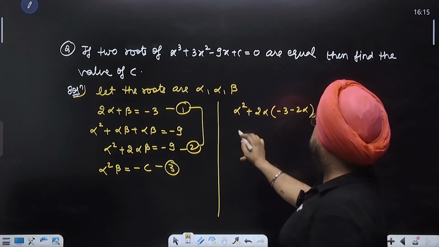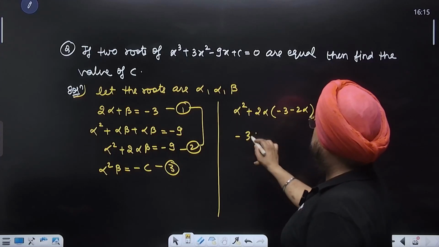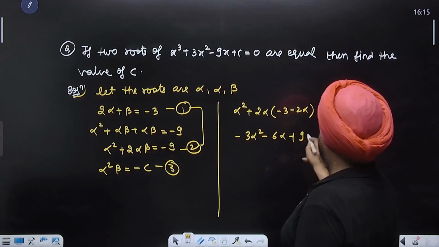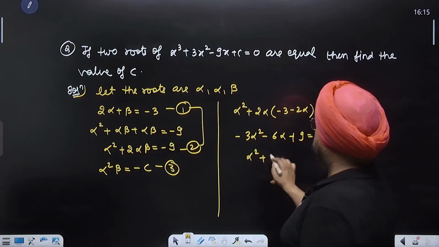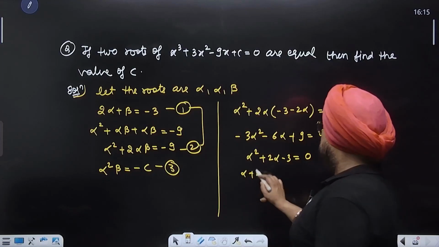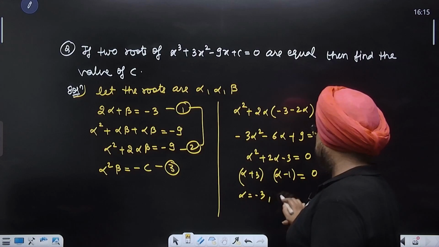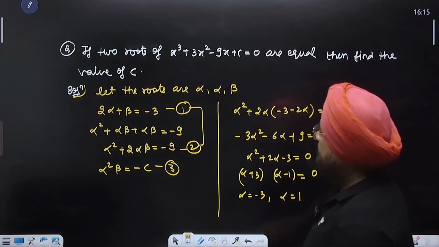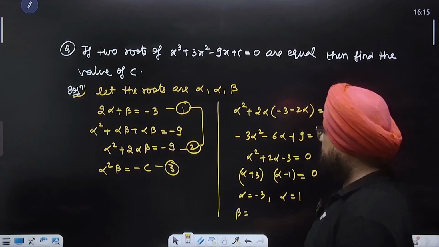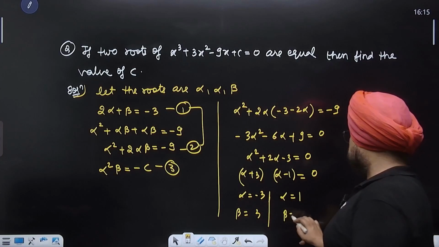So the equation becomes a quadratic: minus 4 alpha square plus alpha square minus 3 alpha square minus 6 alpha plus 9, that is alpha square plus 2 alpha minus 3. So there are two values of alpha, minus 3 and 1. If alpha is equal to minus 3, then beta is 3. If alpha is equal to 1, beta is minus 5.